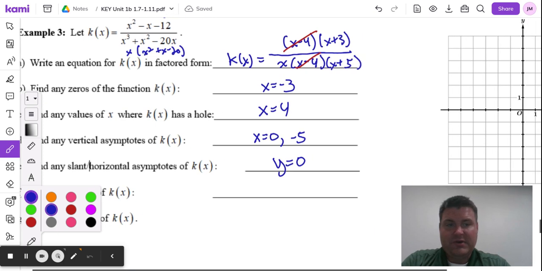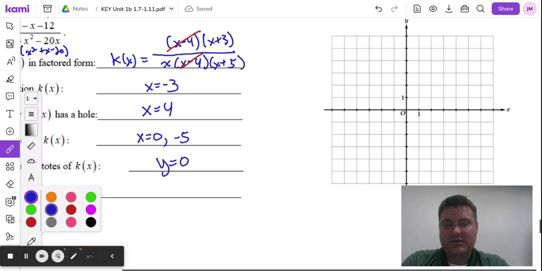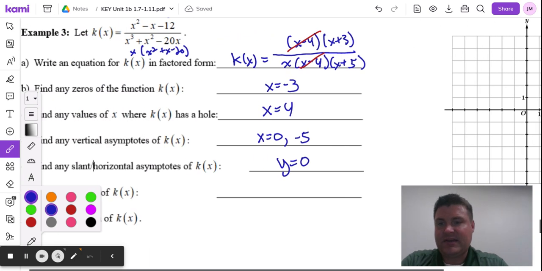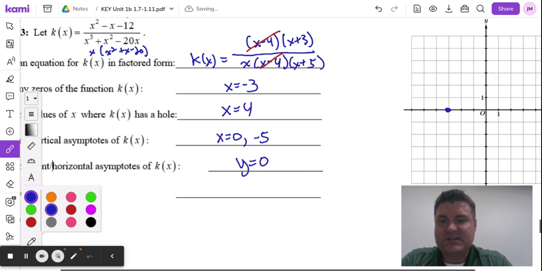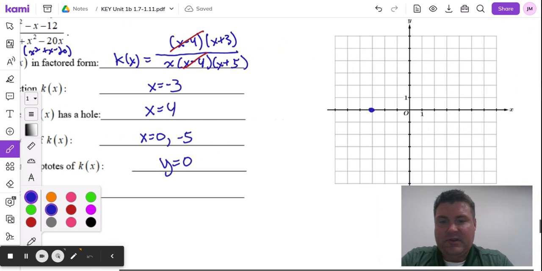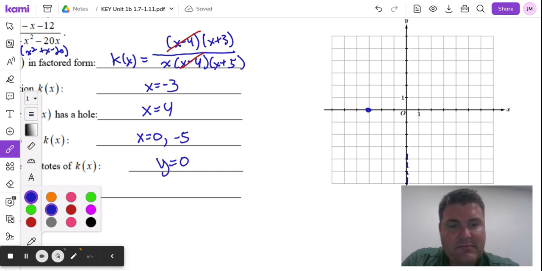So here we go. I'm going to take all the information I have right here and draw it over here. I have a zero at -3, which is right here. I have a hole at 4. I'll get to that part in just a second. I have vertical asymptotes at 0 and at -5.